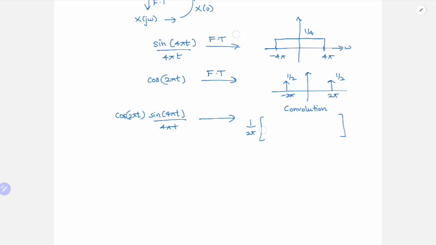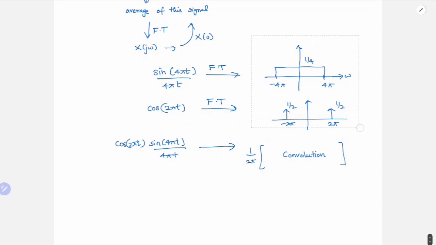So convolution. I'll take these two signals.